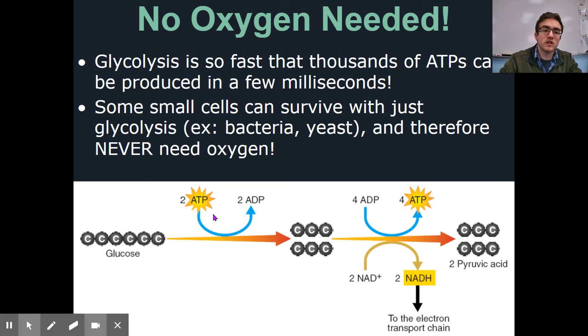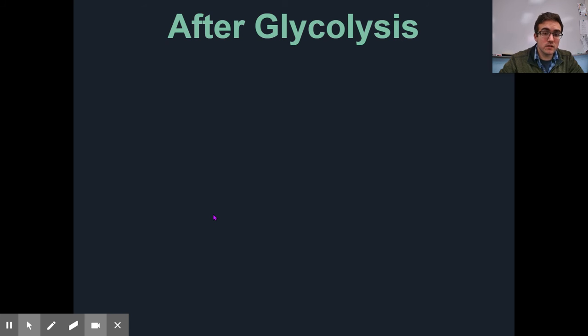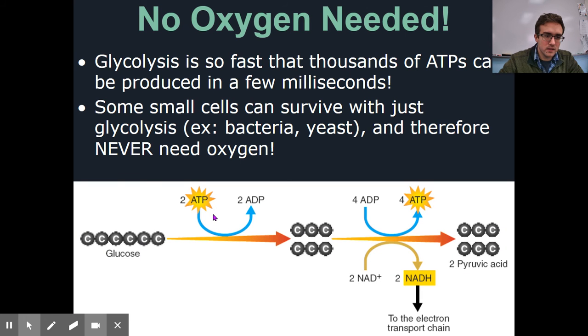So glycolysis works very quickly. Even though it's not super efficient, it's a super fast process. So when we talk about fermentation, so no oxygen, glycolysis, it's a quick process.